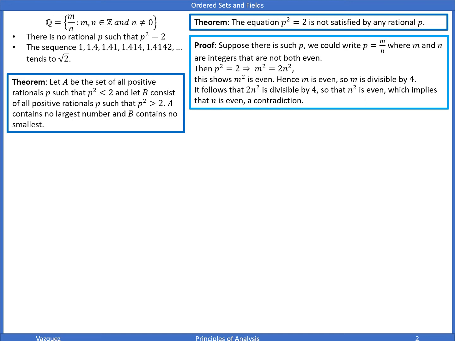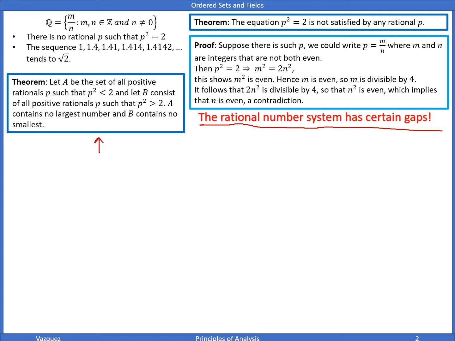We can't get to p squared equals 2. I'm not going to prove this one because I'm trying to get to the point that the rational number system has certain gaps.